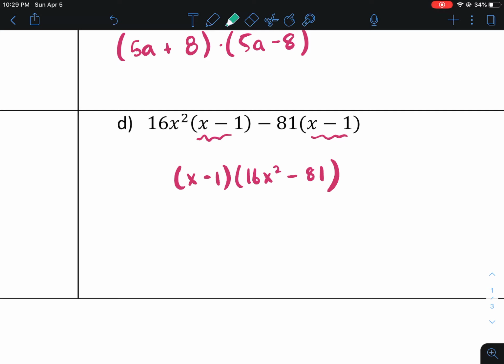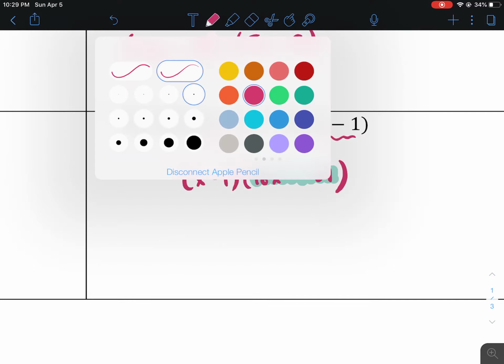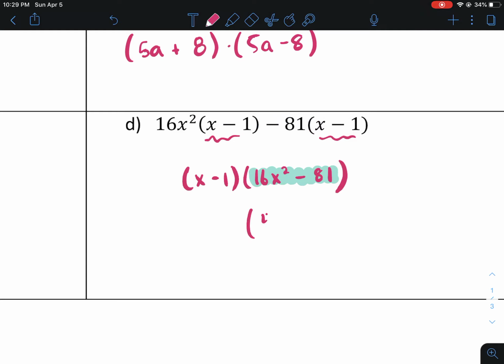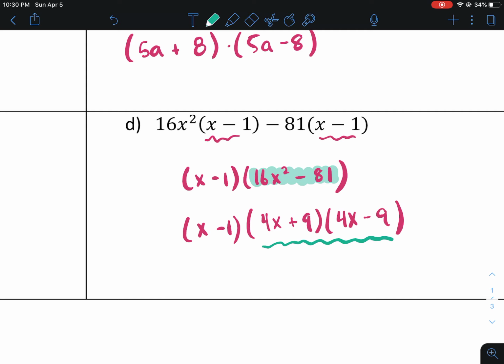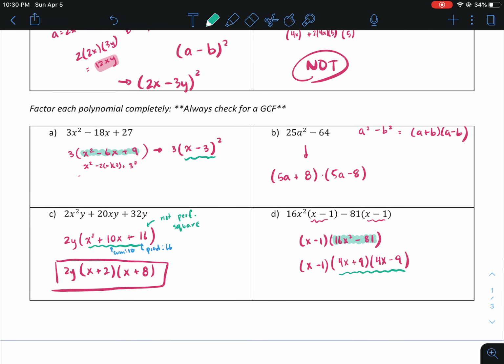A difference of squares can be split up further into (a plus b)(a minus b), or in this case, (4x plus 9)(4x minus 9), and we still have the x minus 1 from before. So my final answer is (x minus 1)(4x plus 9)(4x minus 9), okay? When we're asked to completely factor something, we have to consider all things. We start with GCF and go through that process of breaking things up.